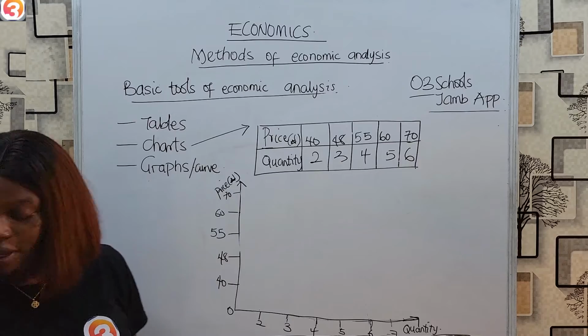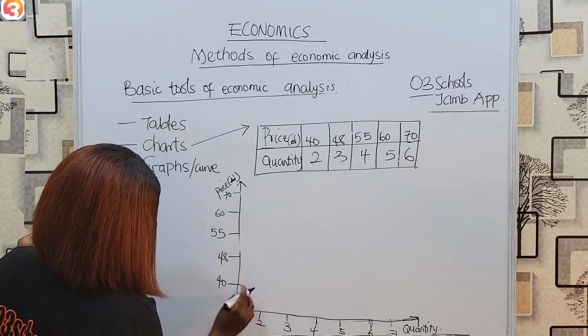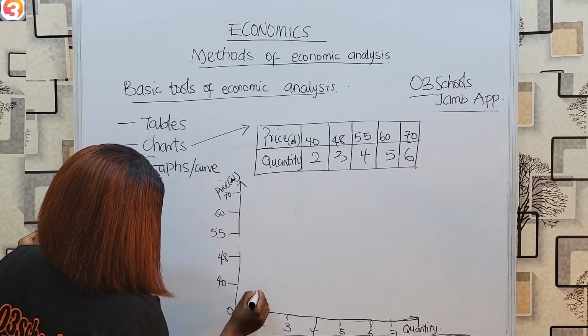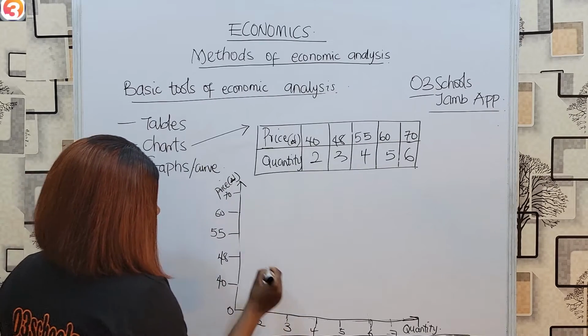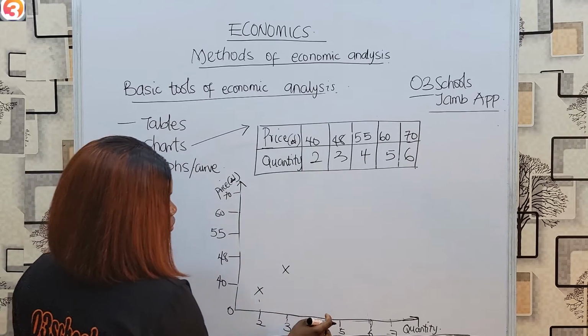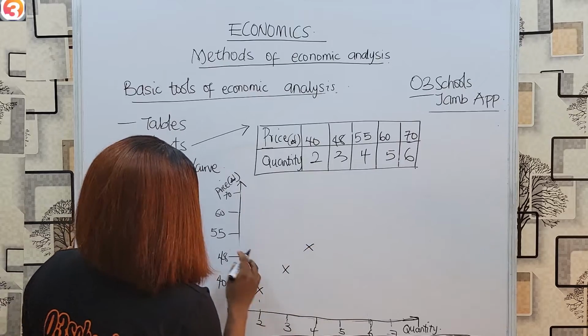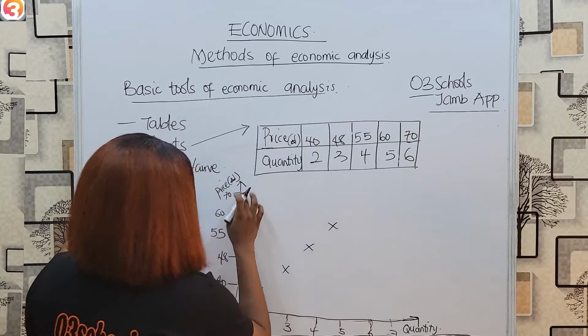So at 40, we have 2. At 48, we have 3. At 55, we have 4. At 60, we have 5. At 70, we have 6.